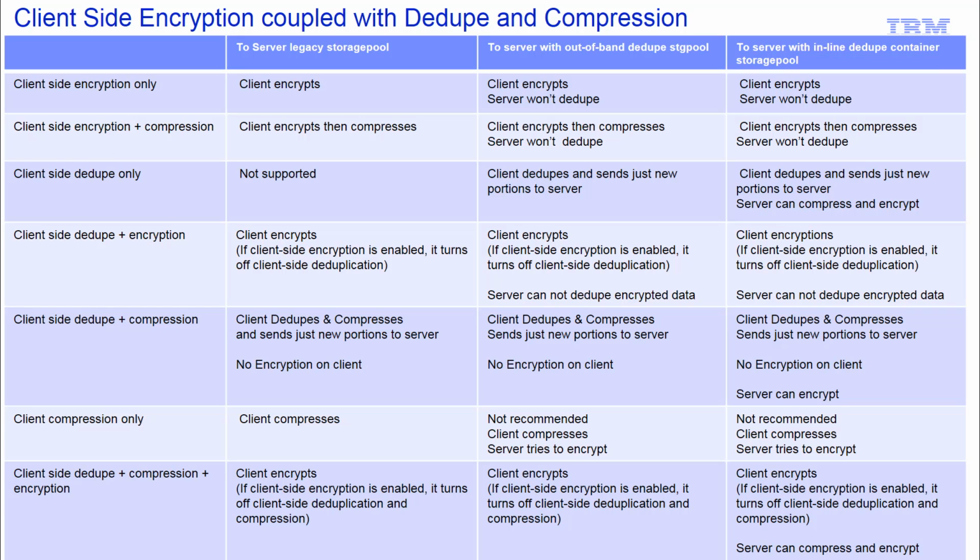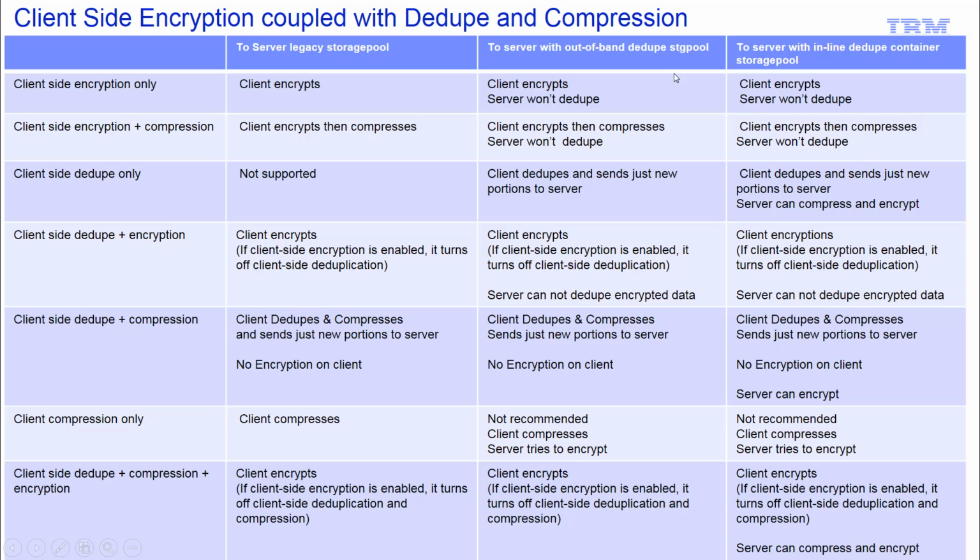Or the client-side encryption can be done, and then those files can be sent to the new inline dedupe container storage pools. So we're going to look at those three different options and how the client-side encryption, client-side compression, and client-side dedupe impact each other when they're written to these three different types of server storage pools.